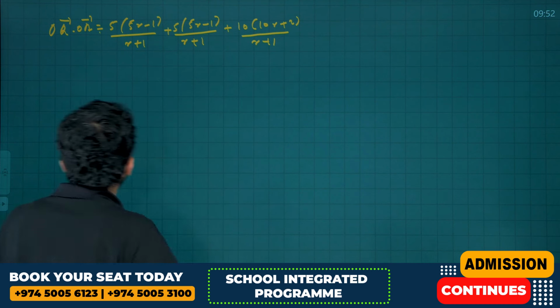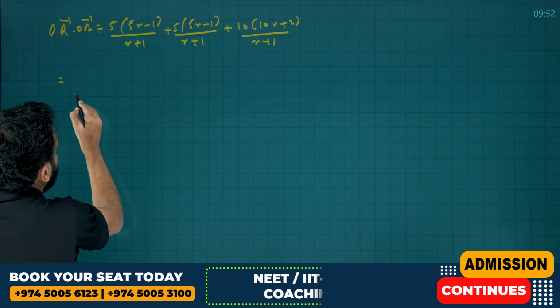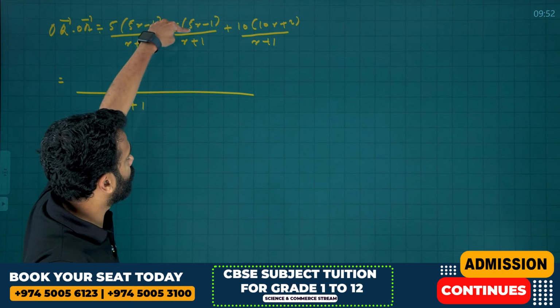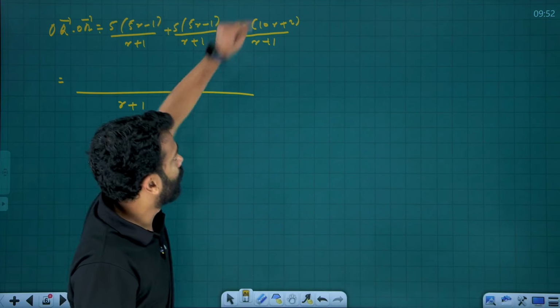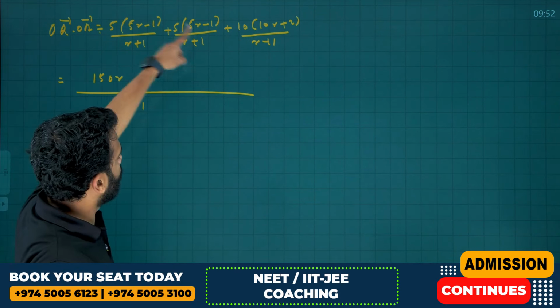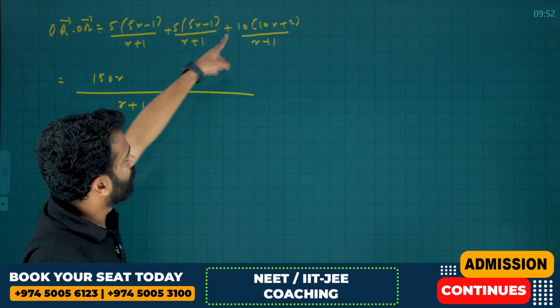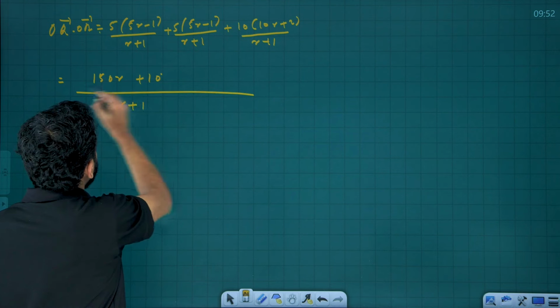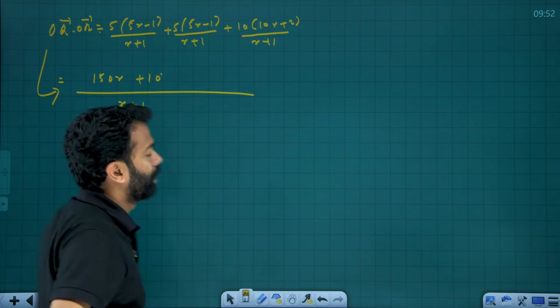So r plus 1 is common here. We can formulate it first, that is divided by r plus 1. It will be 25r, again 25r, that is 50r, plus 100r, that is 150r, minus 5, minus 5, that is minus 10, plus 20, that is plus 10. Okay, so this is what vector OQ dot vector OA is.